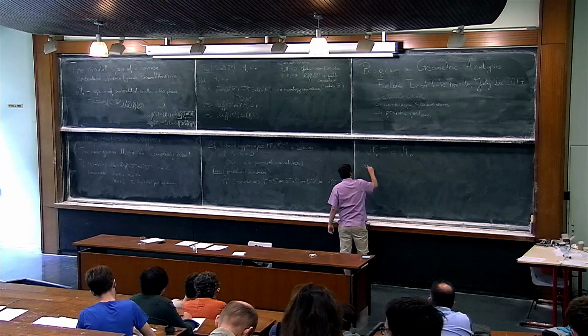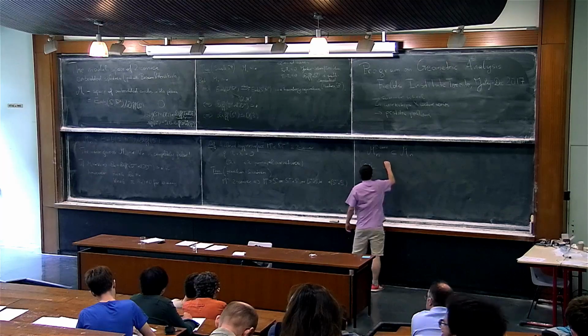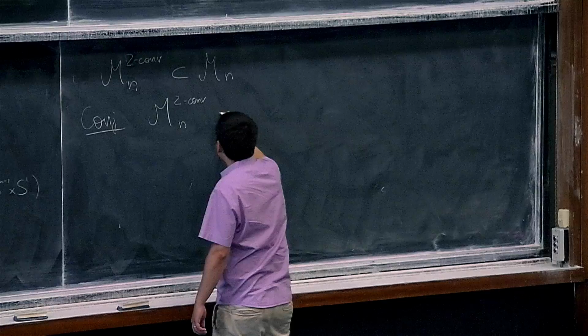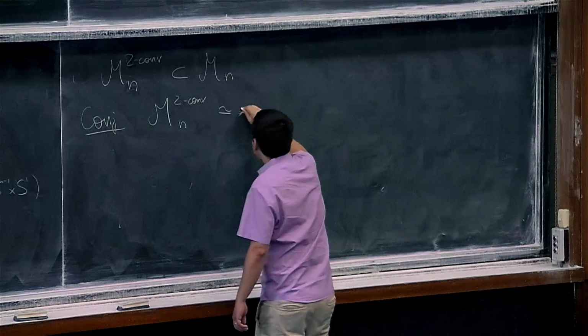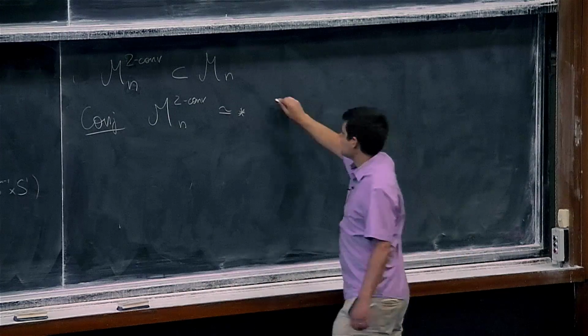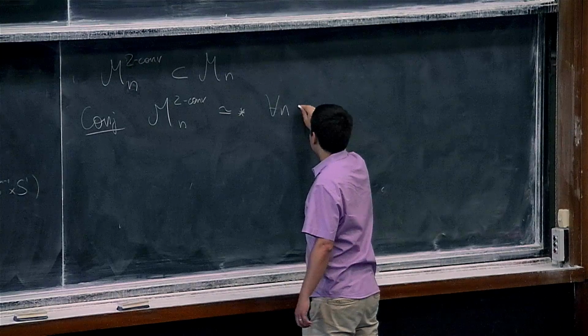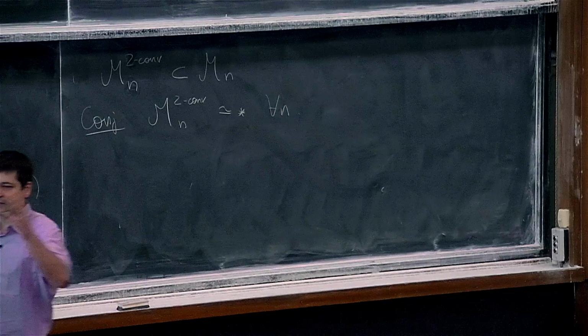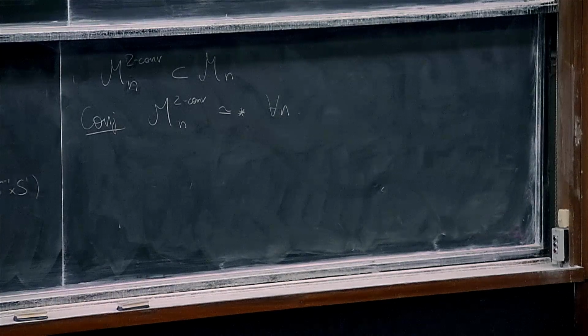And so the conjecture is that M^n two-convex is contractible in any dimension, meaning that all the complicated topology comes from spheres that are very far away from a round embedding geometrically, meaning not two-convex.